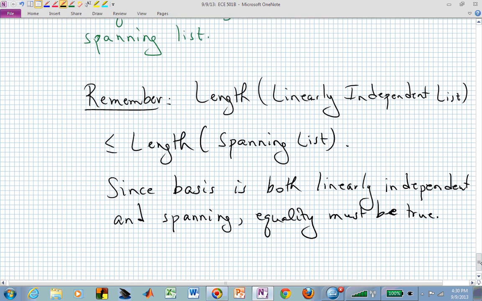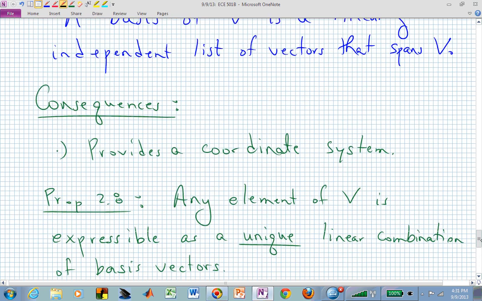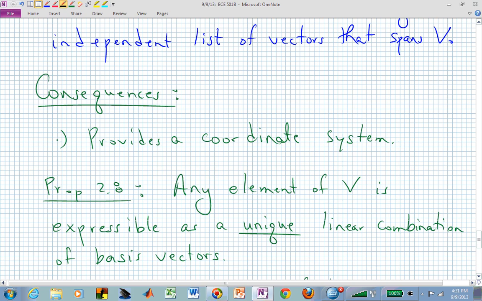Question? Yes. So now this will become a little bit more clear when we start going through some examples, but it provides a coordinate system.